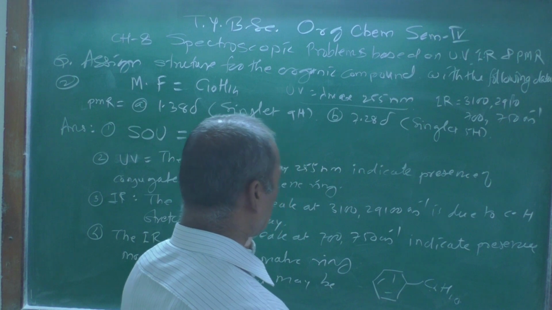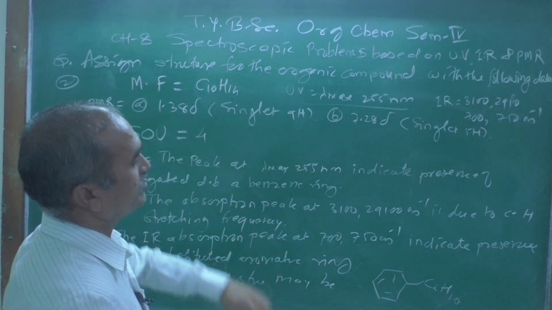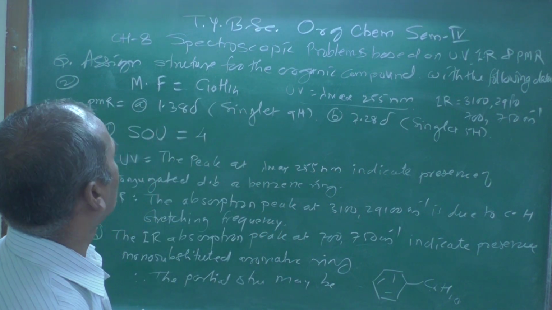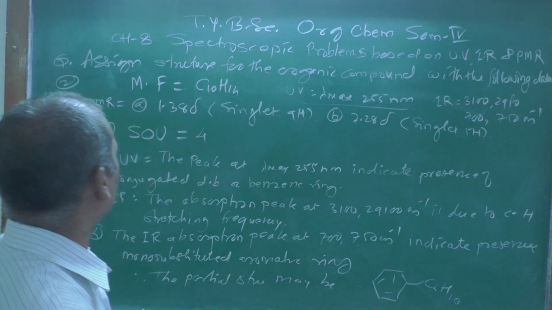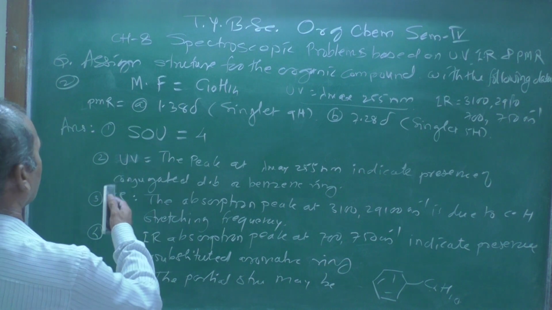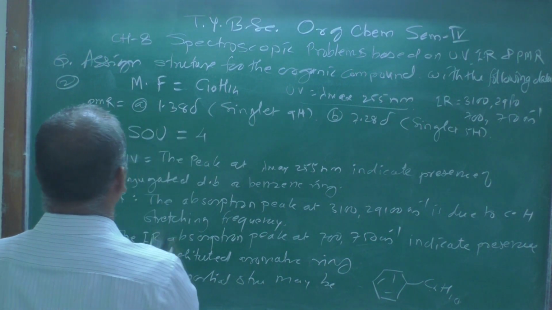So this is a partial structure of this compound. Now let us move on to the fifth point.